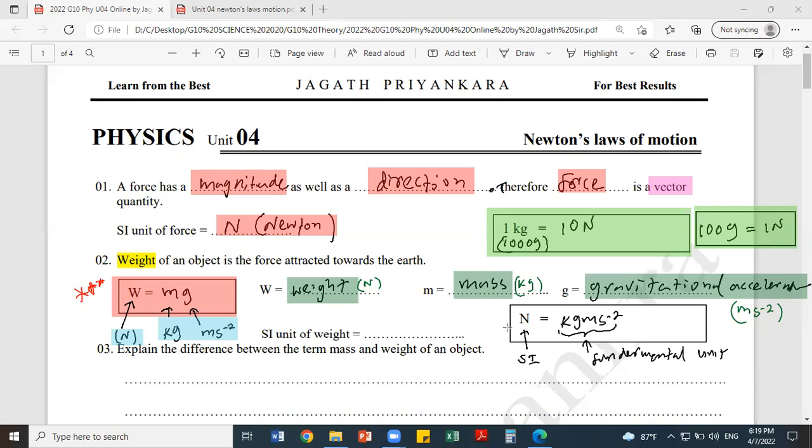Once in the O level MCQ paper they asked what is the fundamental unit or the basic unit of the SI unit of force? The answer was kg m s^-2. Every year you don't get a set-up question from the first few lessons of grade 10, so mostly MCQs and structured questions. Therefore you have to remember the units also.